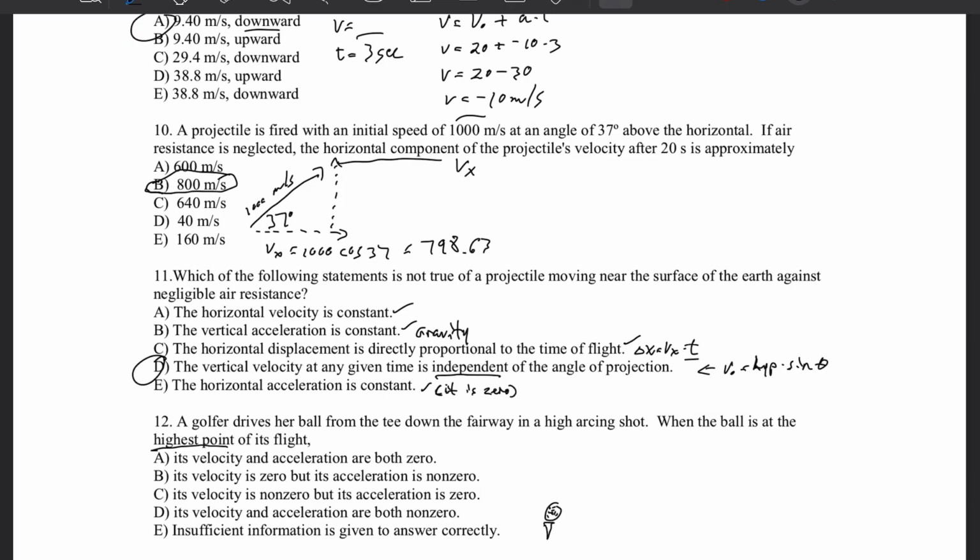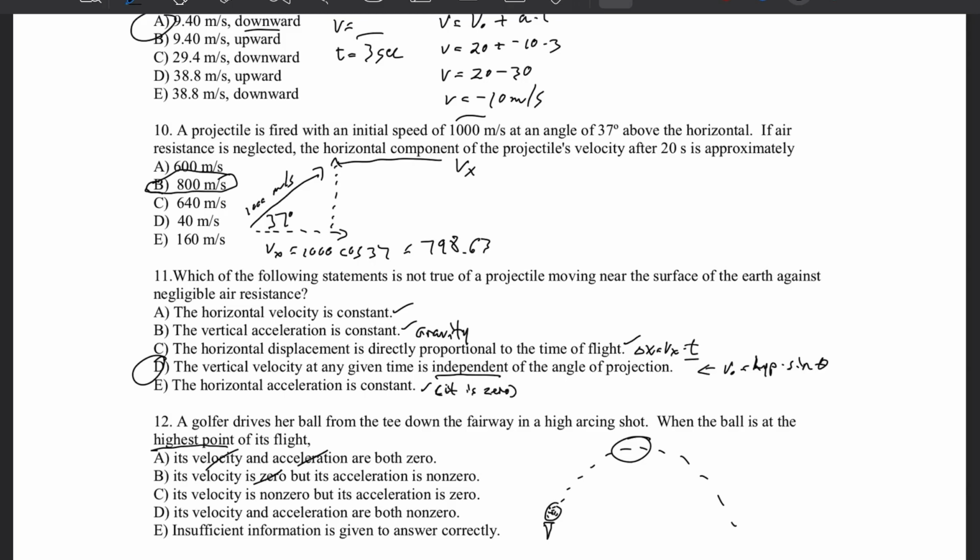All right, let's get the cute little picture. Ball's on a tee, goes into flight. Yes, we all love my artwork. And we're looking at the top. So the acceleration is not 0, so A is trash. The velocity is 0, but the acceleration is non-zero. Well, the overall velocity is not 0, because it still has horizontal motion. The velocity is non-zero, but the acceleration is zero.